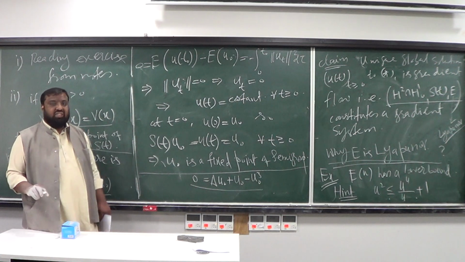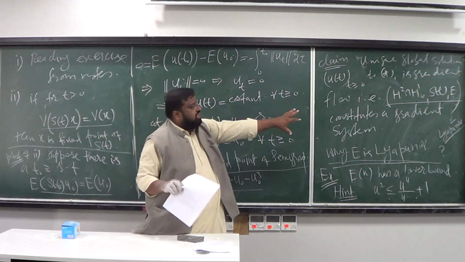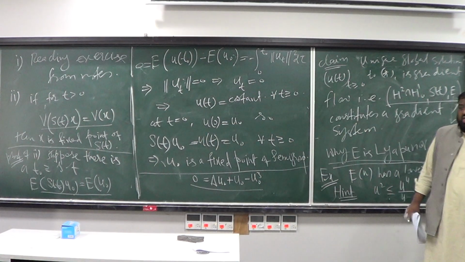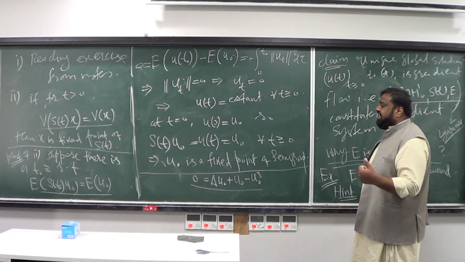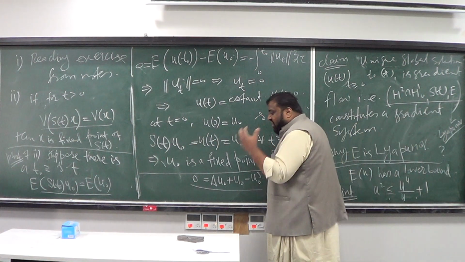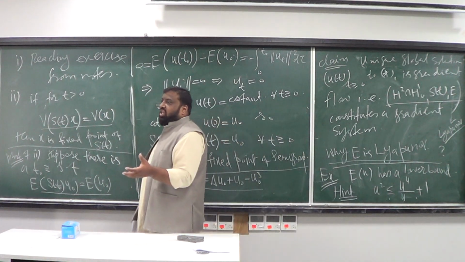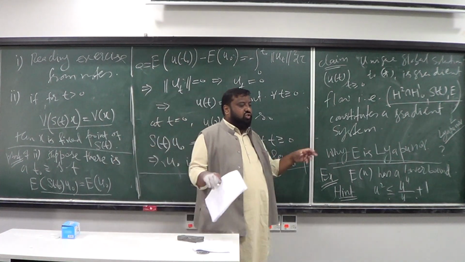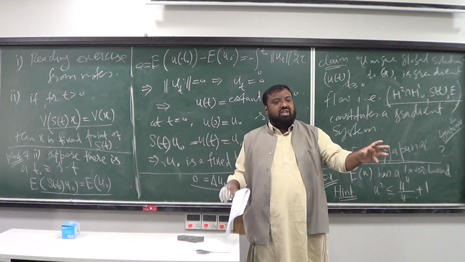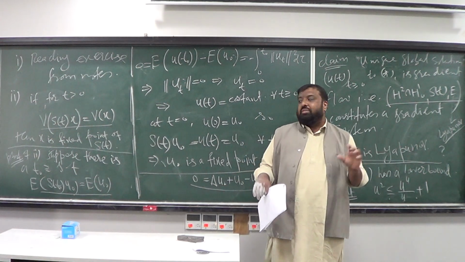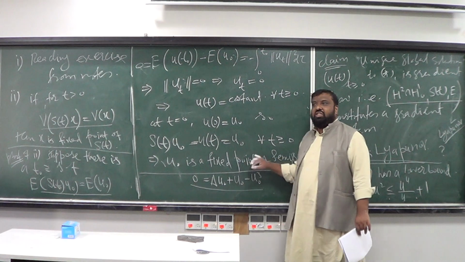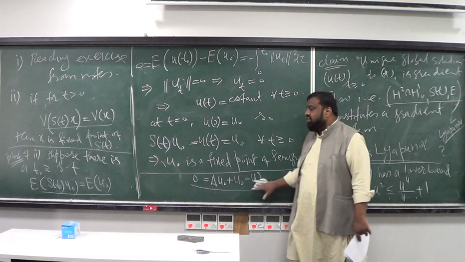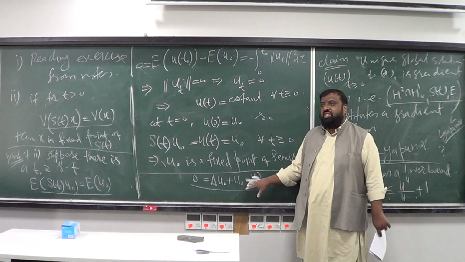And finally, since this constitutes a gradient system and u of t is a gradient flow, we know that in the long run, the solution of your nonlinear evolution equation will converge to the elements in the omega limit set. And the elements of the omega limit set are the fixed points of the semigroup. And the fixed points of the semigroup are the solutions to the stationary equation.